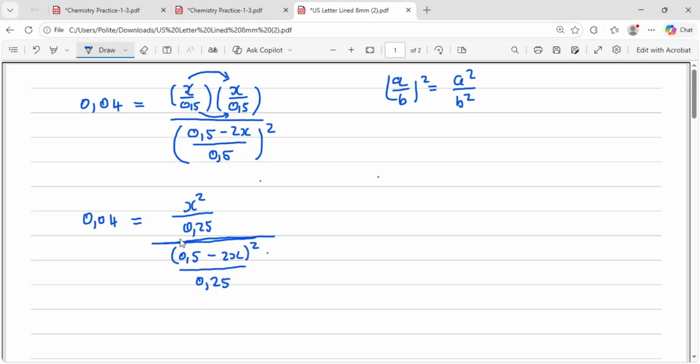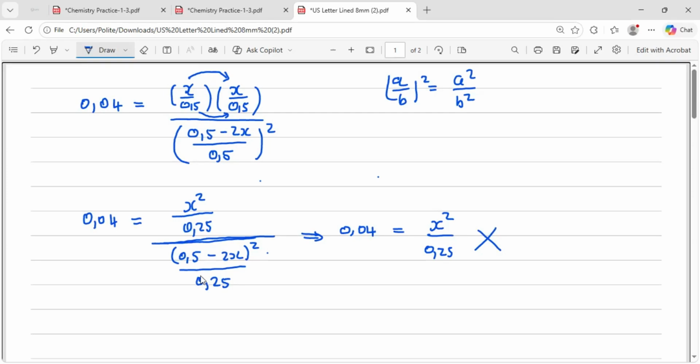So look at this. This is the main division, and we are dividing two fractions. We can write this as 0.04 equals x squared over 0.25.